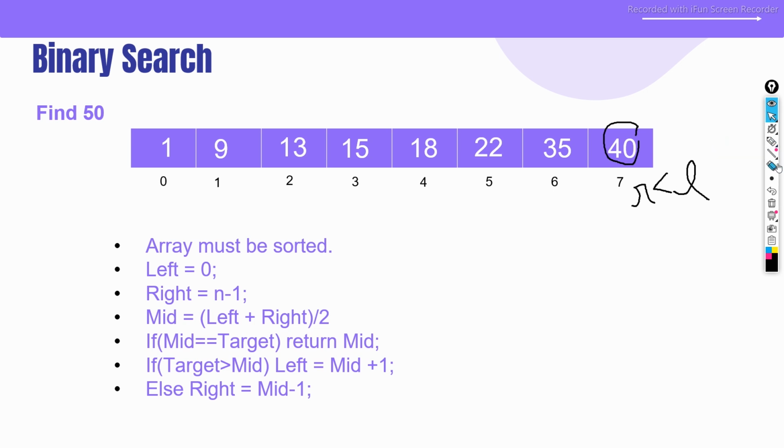So here how many times do we have to run the technique? Firstly we find 15 as meet. That is the first step. Then we find 22 as meet. Then we find 35 as meet. Then we find 40 as meet.